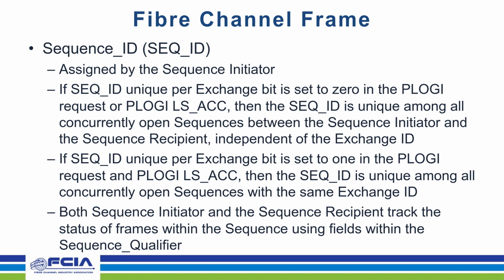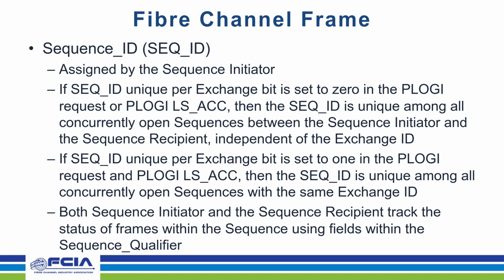And if the bit is set to 1, then the sequence ID is unique among all currently open sequences with the same exchange ID. Both the sequence initiator and the sequence recipient track the status of the frames within the sequence using fields within the sequence qualifier.